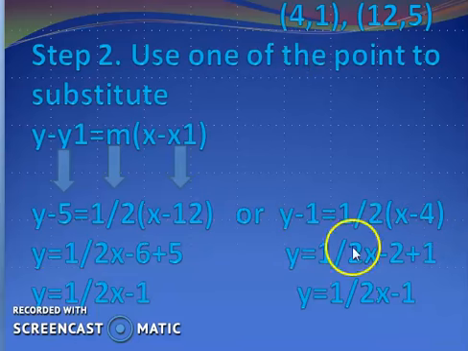Then we simplify in order to make it in slope-intercept form. This is a -1 here, so we add 1. So -1 plus 1 is 0. It will give us only y equals 1/2 times the x, which is 1/2 x.